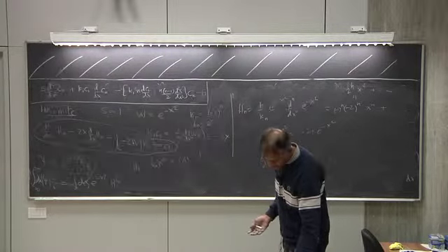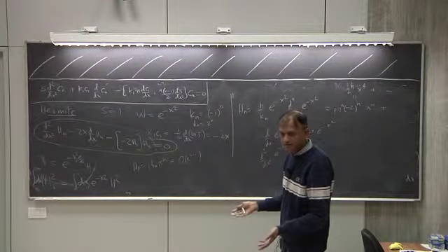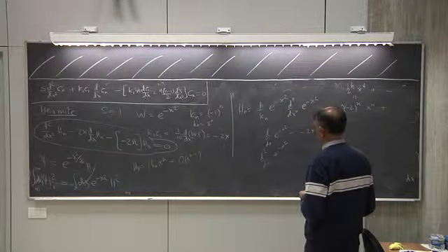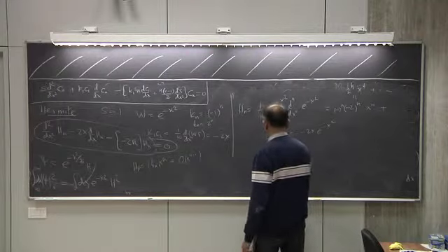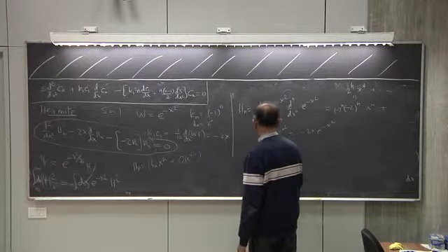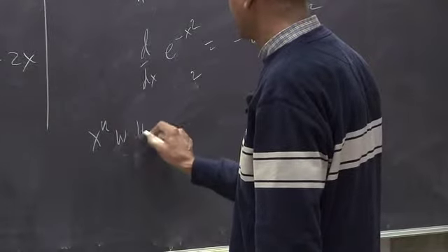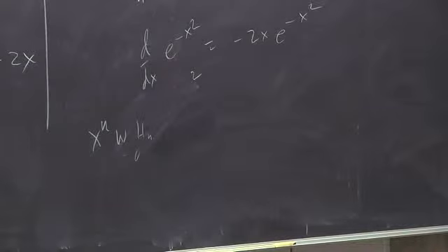Finally, you can also work out hn. You just have to integrate it. How will you work out Hn? So let's first compute the integral of x to the n times w times Hn.